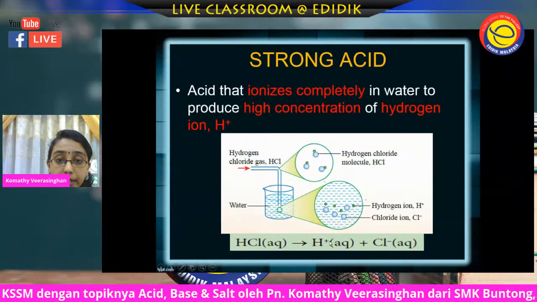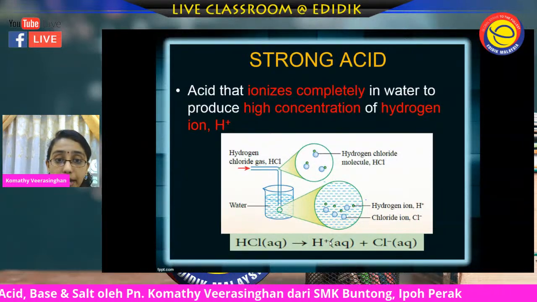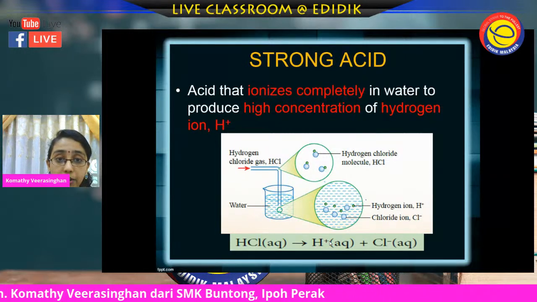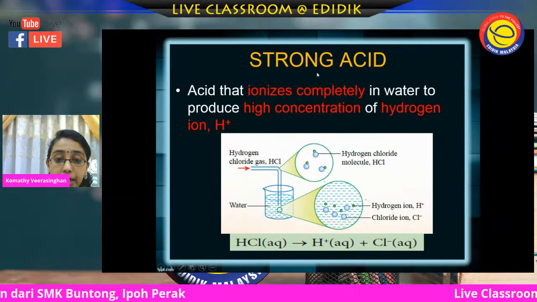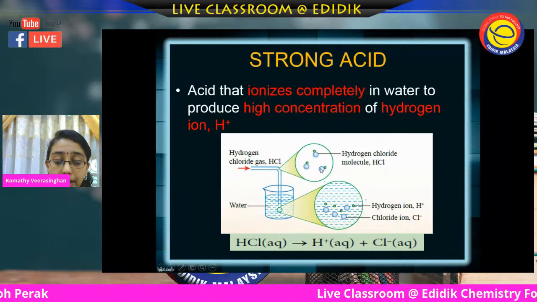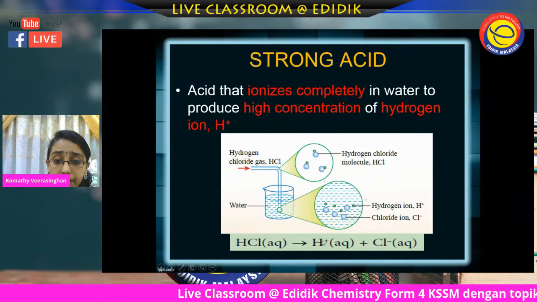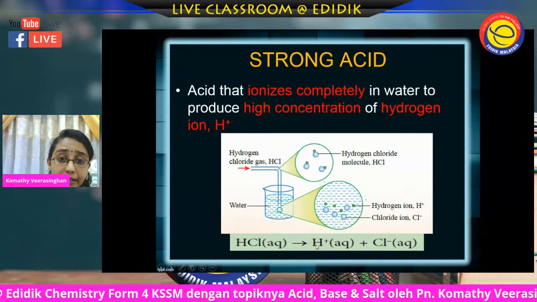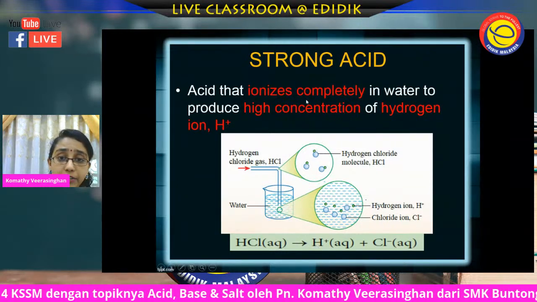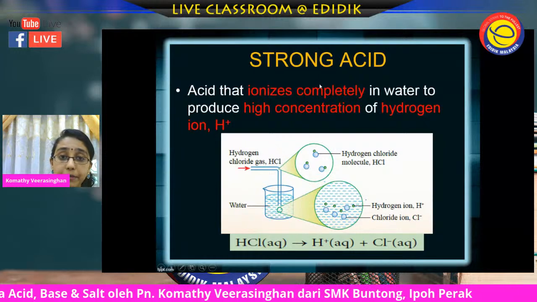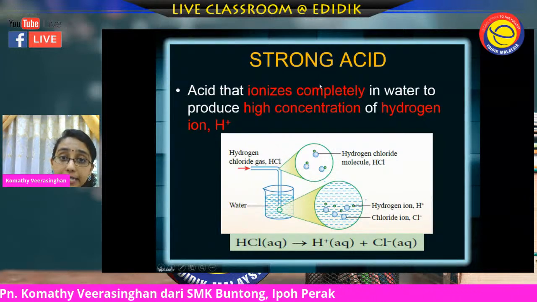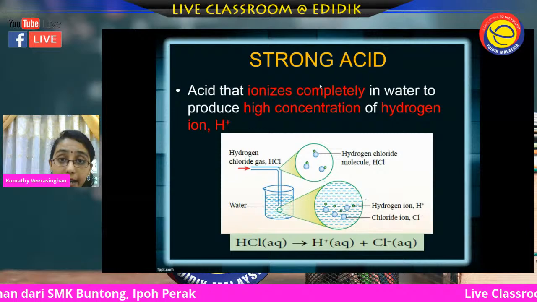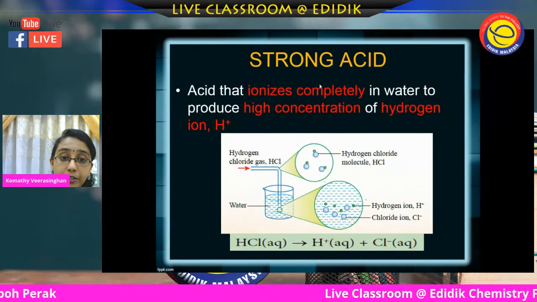When complete ionization takes place, then we call it strong. At the same time, when complete ionization takes place, the concentration of hydrogen ion they produce will be higher. So for the definition of strong acid, you have to remember three keywords: ionizes completely, produces high concentration of hydrogen ion.